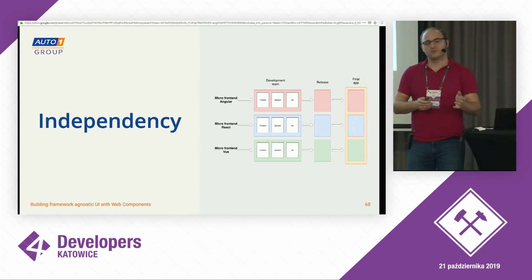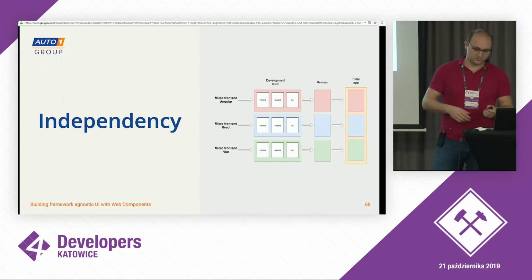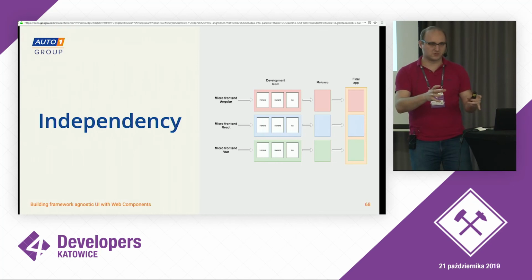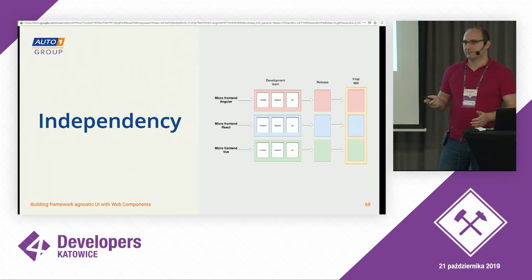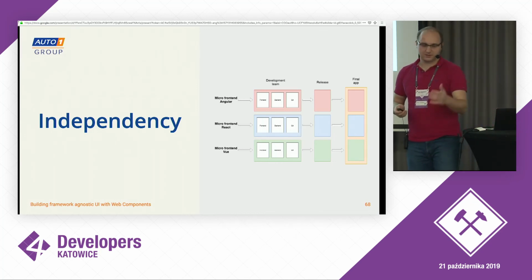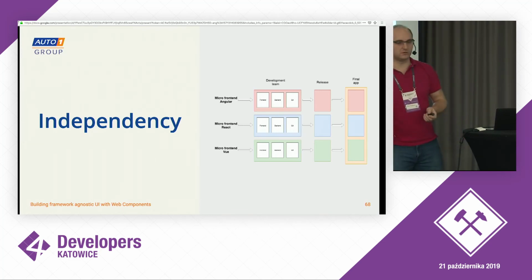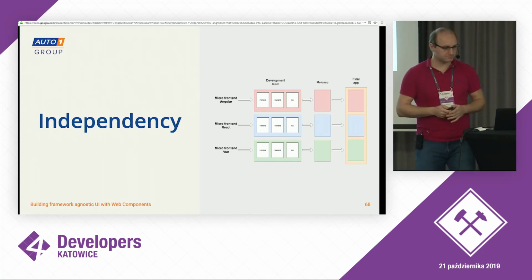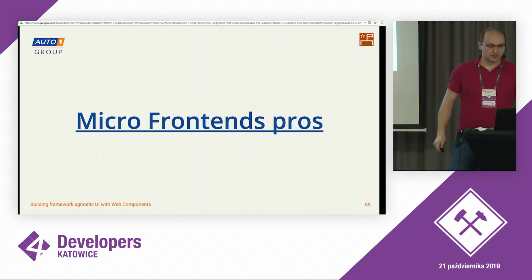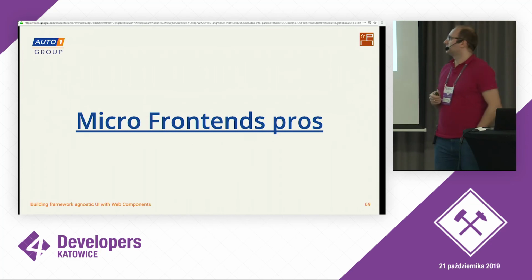So here you can build a team that is using a specific set of tools and make them happy. They are working effectively, they are delivering a feature, and they help to progress the business. So what are the micro frontend pros?